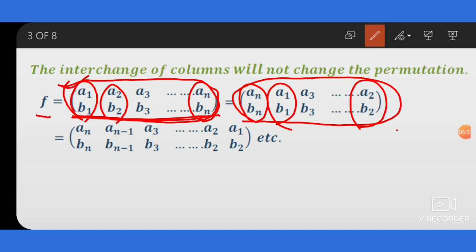This permutation can be written as this, and the values of all of these are the same.